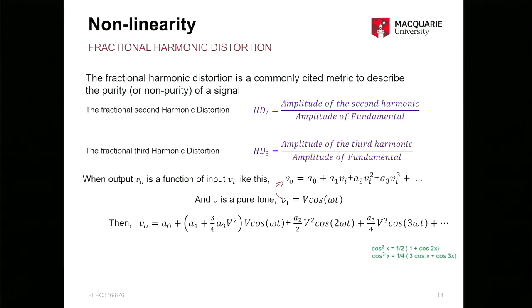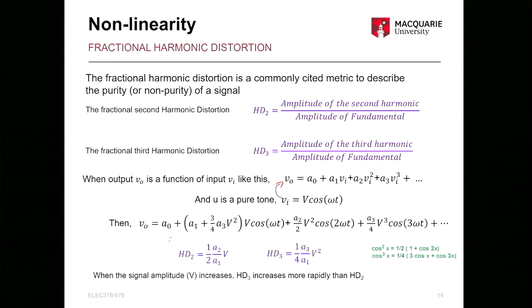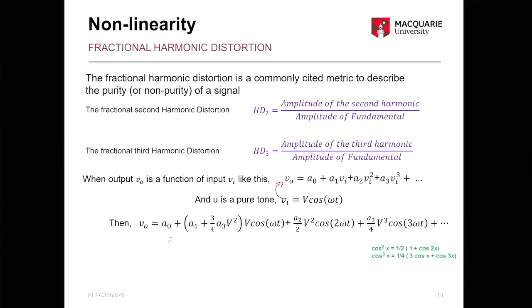Here you will see that you have higher orders of V input. A naught is there, now you have A1 V input. Let's do something. Let's derive that.